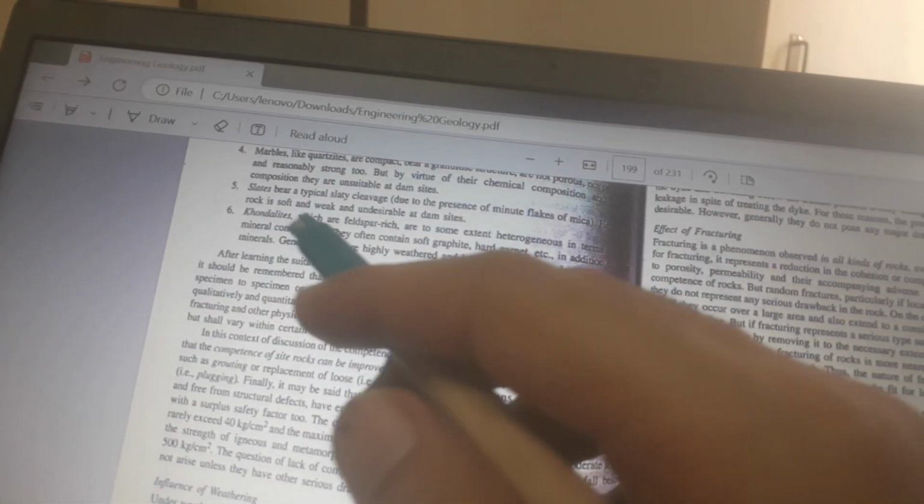Then granulites, which are feldspar rich, are to some extent heterogeneous in terms of their mineral composition.